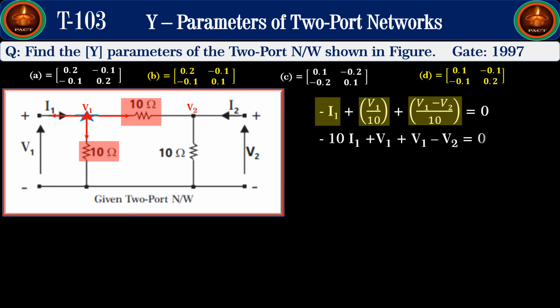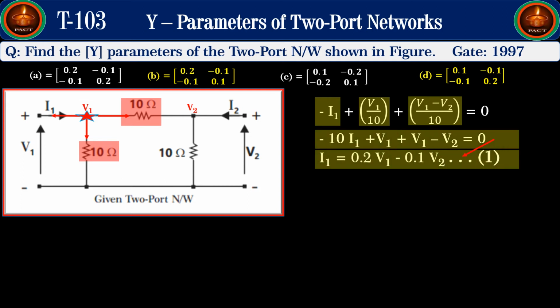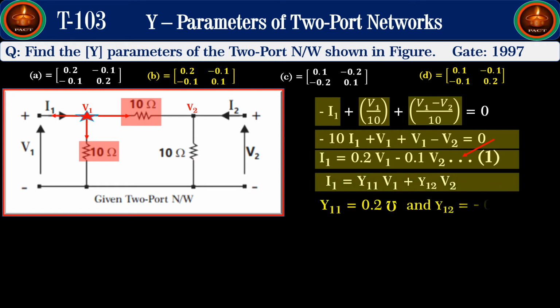By solving this simple equation, we get I1 is equal to 0.2 V1 minus 0.1 V2. By comparing this equation with the standard input equation in terms of y parameters, we get y11 is equal to 0.2 mho and y12 is equal to minus 0.1 mho.